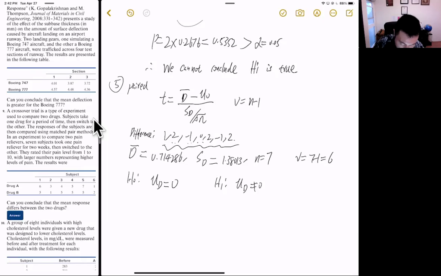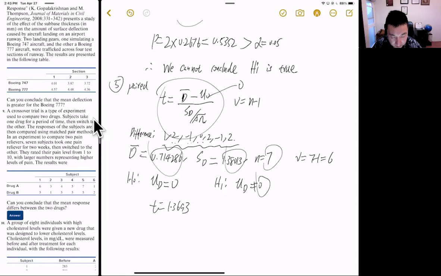Then we calculate the t-value based on the numbers we just calculated. The mean value for D, mu 0 is 0, so that's here. The sample standard deviation is this. The sample size n is 7. Plug in the numbers, we calculate the t.